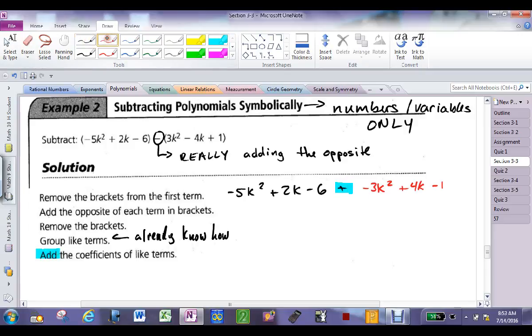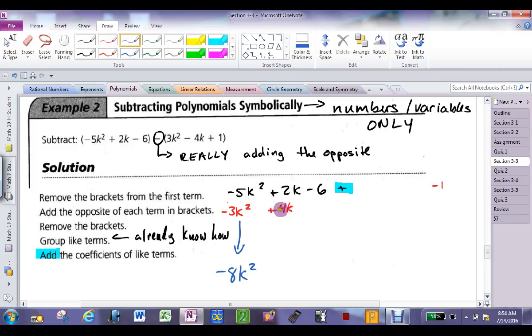So when I bring this negative 3k down here, I am really adding those, aren't I? So I have negative 5 and then negative 3 more. So what is my answer? Negative 8k squared.